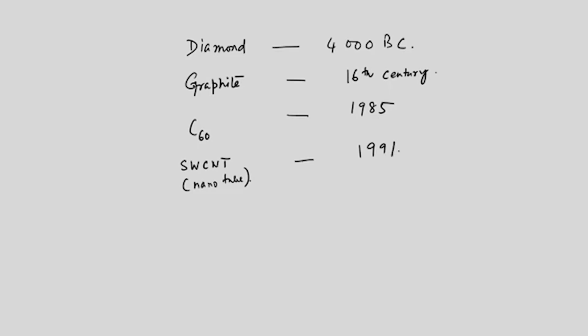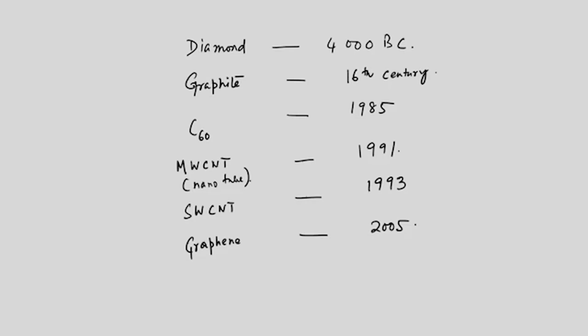So 1991 was a multi-walled carbon nanotube, then single walled carbon nanotube was in 1993. So, these are like one dimensional structures, C60 is like a 0 dimensional structure, and graphene was there at the end around 2004, 2005. So, this is how the history unfolded of carbon and its allotropes.